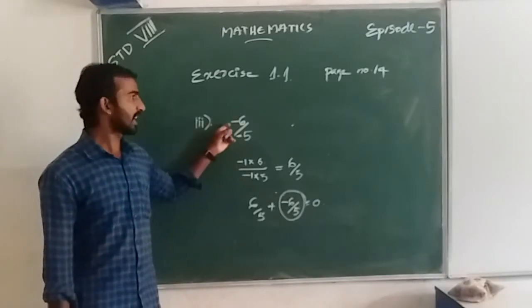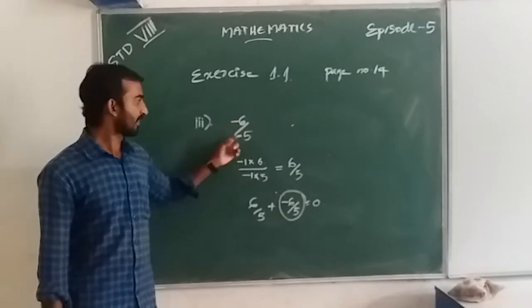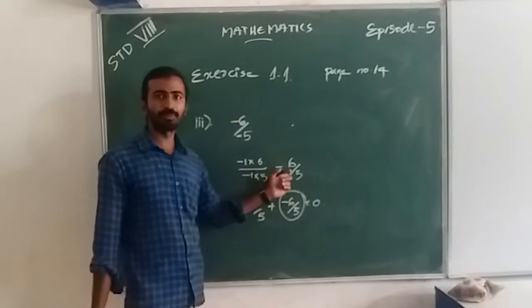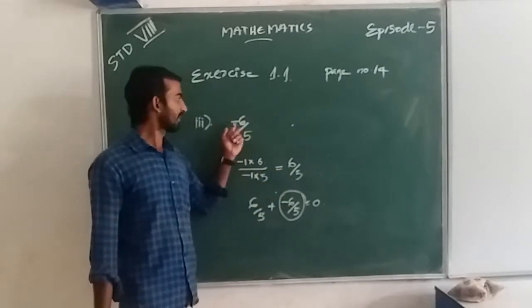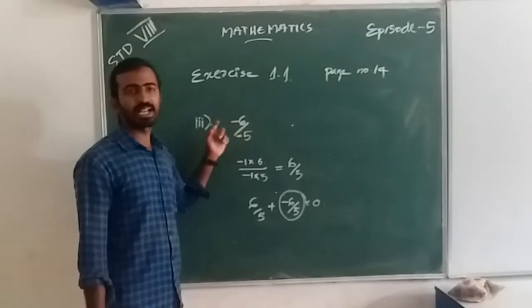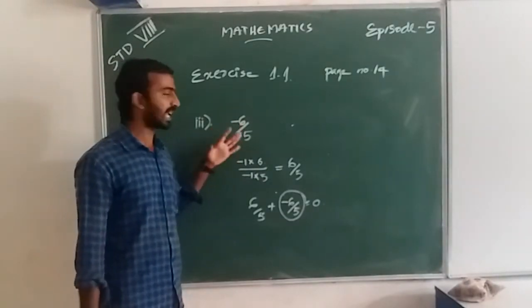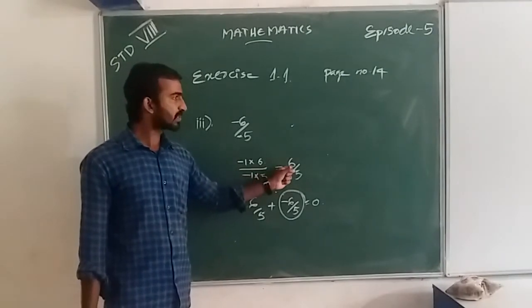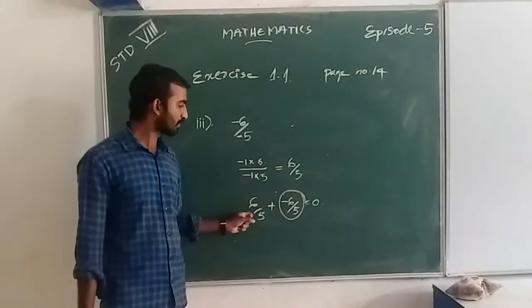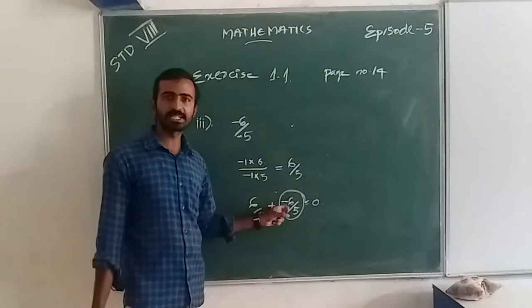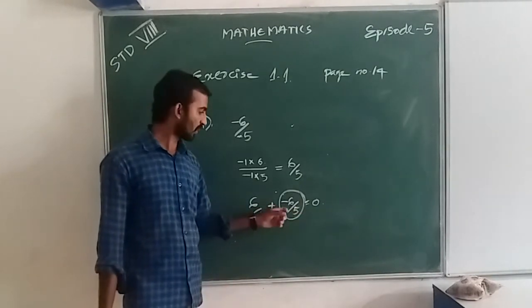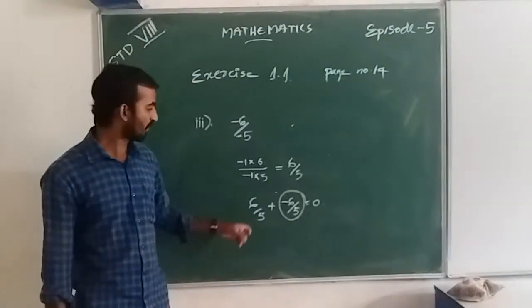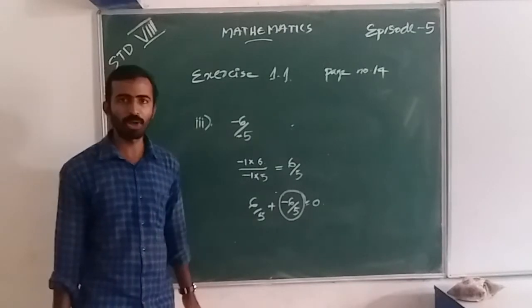Here negative 6 by negative 5 we can write as 6 by 5, because the negative is common in numerator and denominator, so we can cancel the negative. Then we find the additive inverse of 6 by 5. 6 by 5 plus negative 6 by 5, we get 0. So negative 6 by 5 is the additive inverse of 6 by 5.